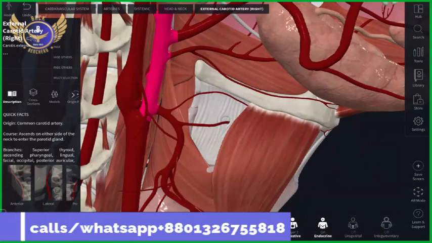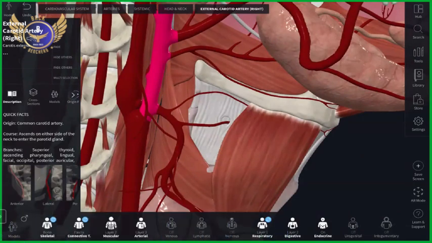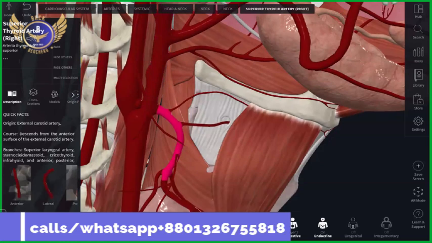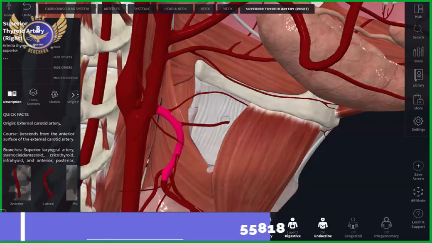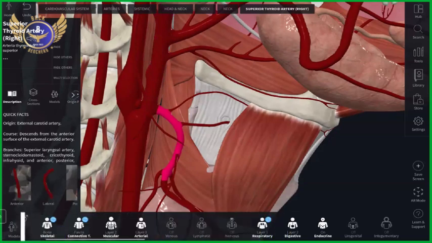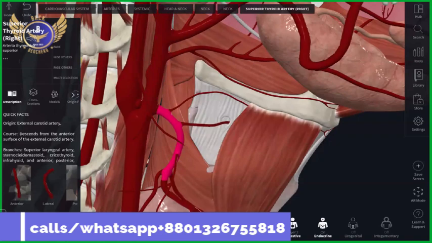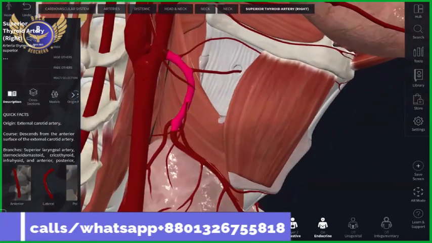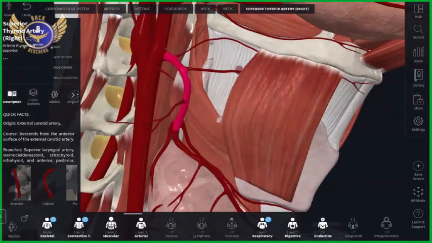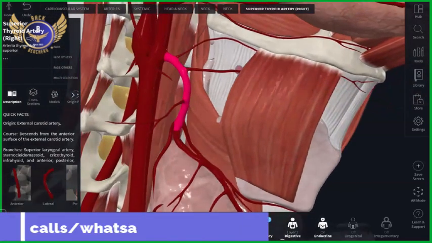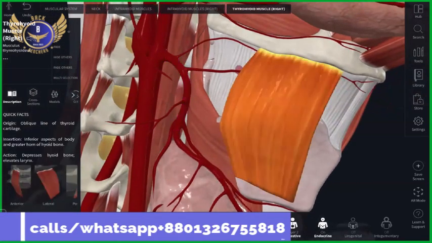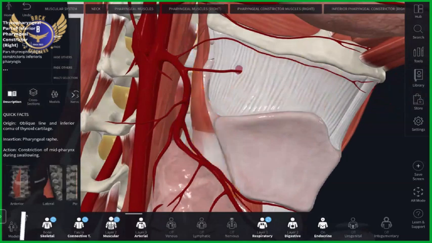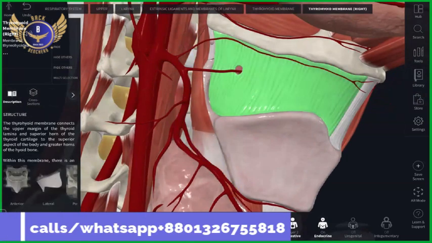Now, the first branch of the external carotid artery is this one, that is the superior thyroid artery. They will ask you which one is the first branch of the external carotid artery: superior thyroid artery. Now, why is that important? Because thyroidectomy is a very common operation, and during thyroid surgery, some hazards can happen.